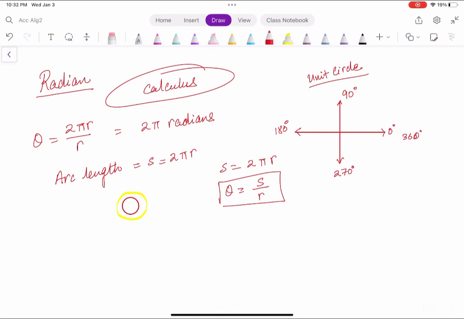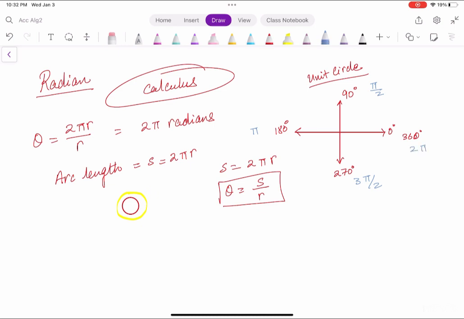So the basic idea of the unit circle is this. On the coordinate plane, we represent everything by degrees, but if we have to represent in terms of radians, 90 degrees is nothing but pi over 2 radians, 180 degrees is pi radians, 270 degrees is 3 pi over 2 radians, and 360 degrees is again 2 pi.